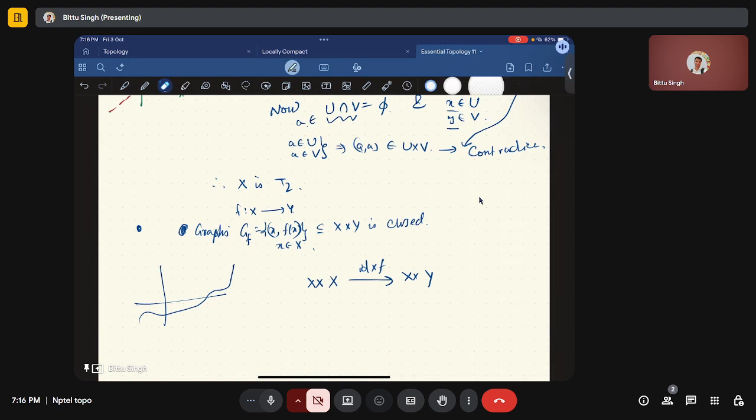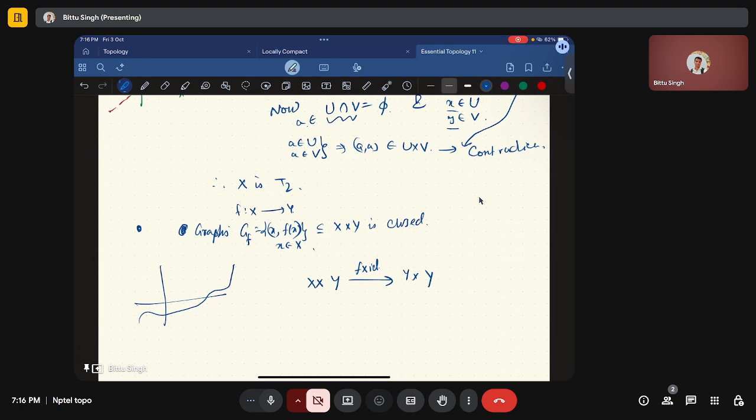Take X cross Y to Y cross Y. The first one is f, the second one is identity on Y. Then this is continuous.